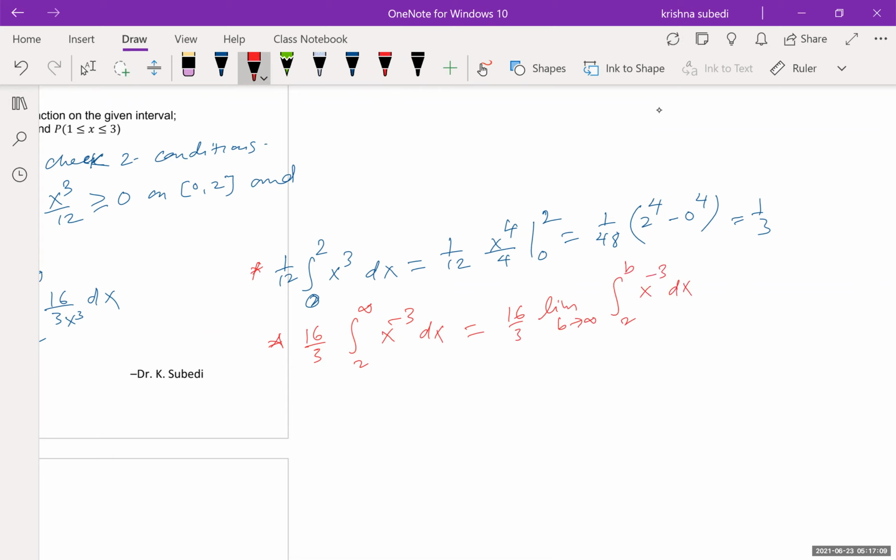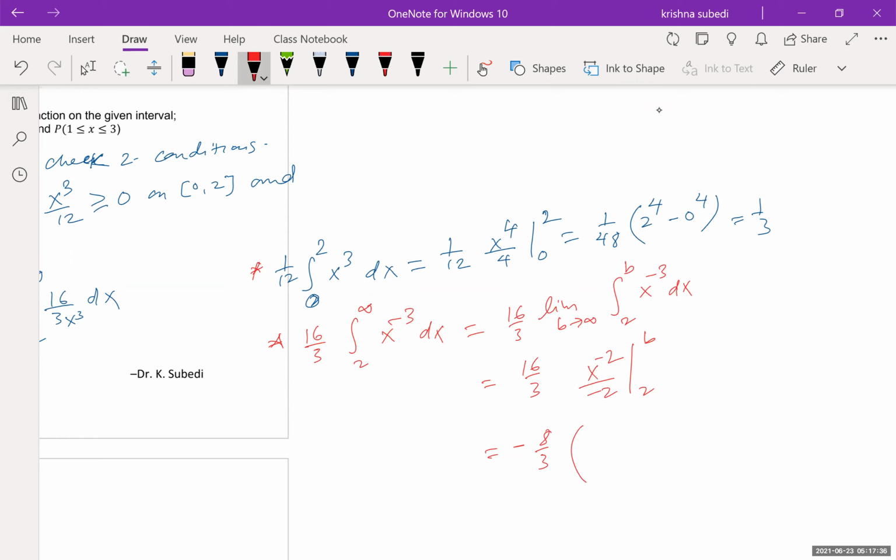That's how we solved it before, and we're going to use the same technique. And this gives me 16 over 3, and it will be x raised to power negative 3 plus 1, which is negative 2, over negative 2, going from 2 to b. So we'll get negative 8 over 3.